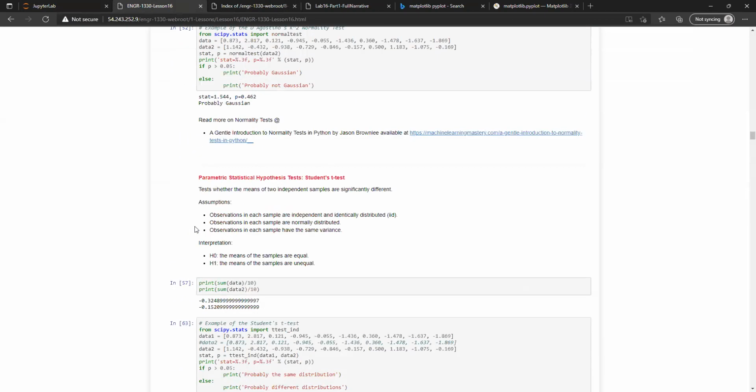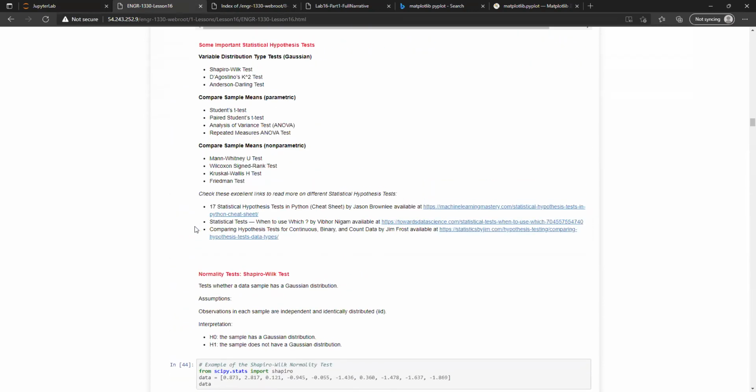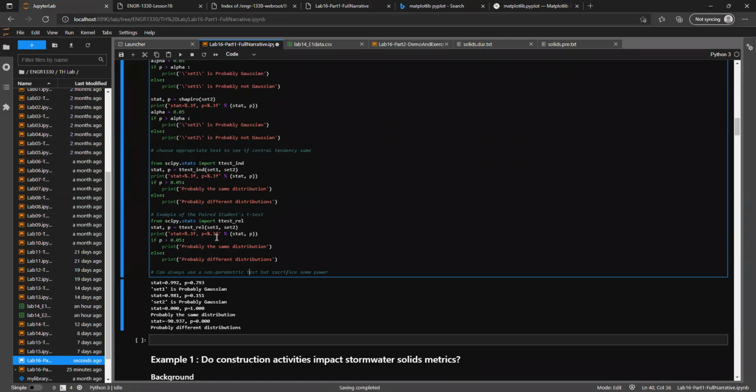So someone pick a non-parametric test that they like, and we'll do that. So one of these. Really? Did I get a syntax wrong? Set 1, set 2.